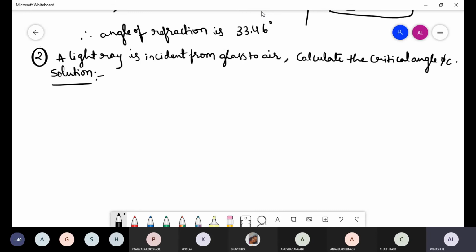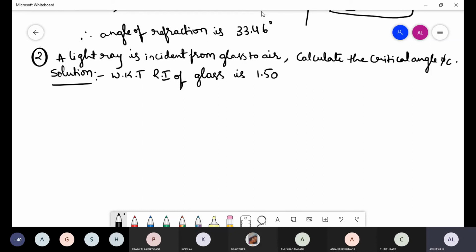Now, what is our responsibility and what is our understanding? We must think and we must understand it. We know the refractive index of air and the refractive index of glass. Always write down: we know that the refractive index of glass is 1.50.